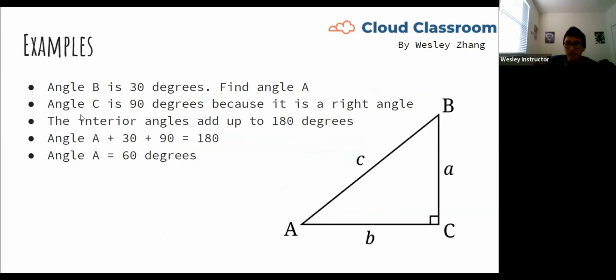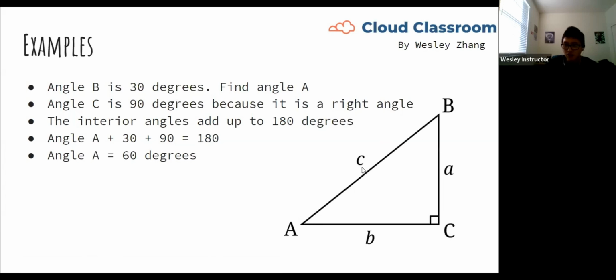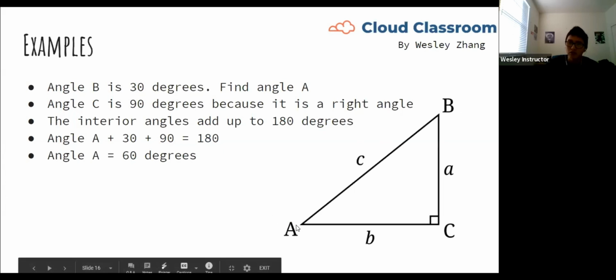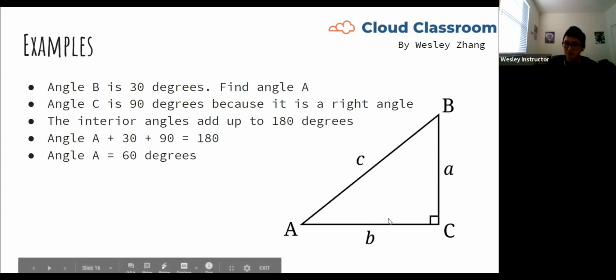All right, so here are some examples. Oh, and one more thing. When you name these angles, angle A, angle B, angle C, the opposite side has the same name but in lowercase letters. So the angles are capitalized, but the sides are lowercase.